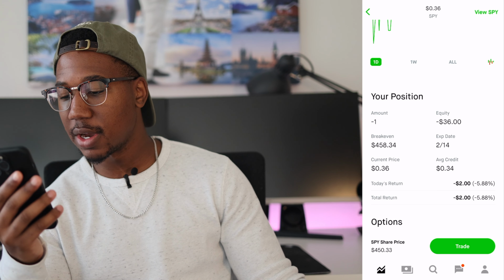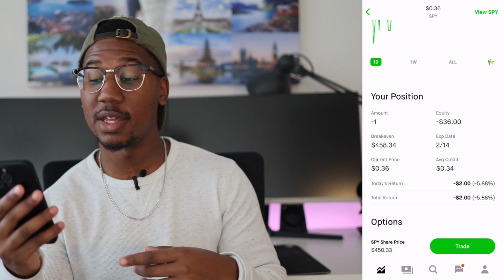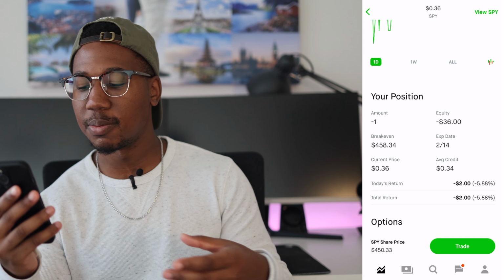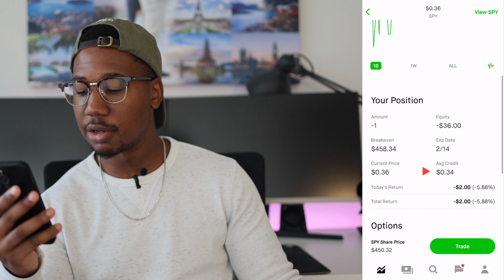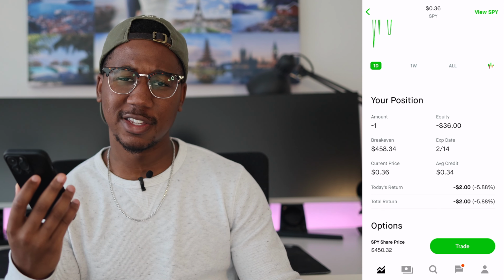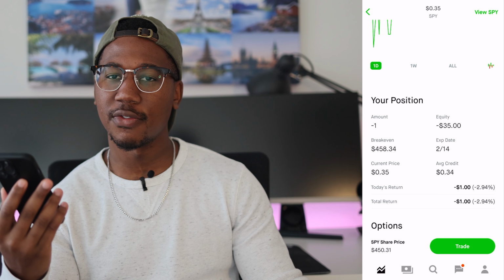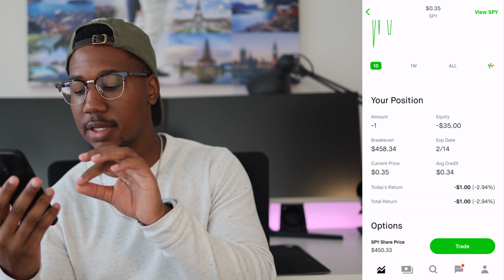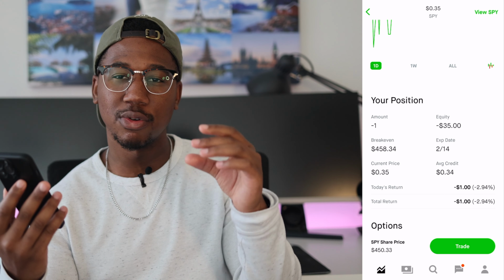And as of right now, the equity is negative $36, but they paid me $34 to open up this spread. That's why you see the average credit right here under the expiration date. It says 0.34. This is a question I typically get a lot, so I want to address this right now. How do I know if I'm up or down on the position? Where it says today's return and total return, today's return will just show you kind of how you're doing on a day.